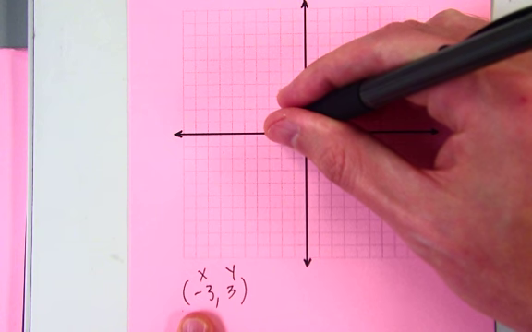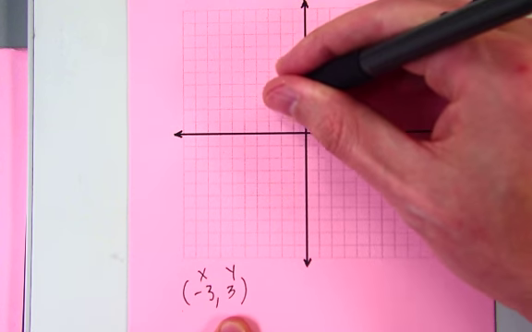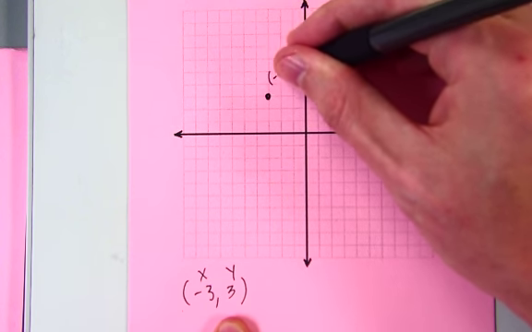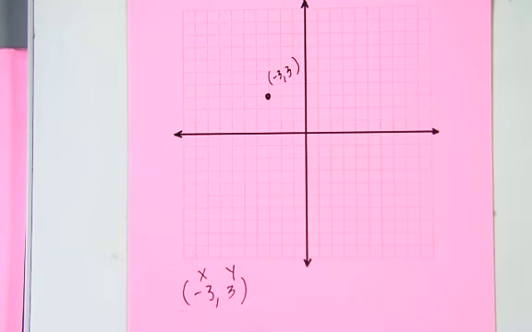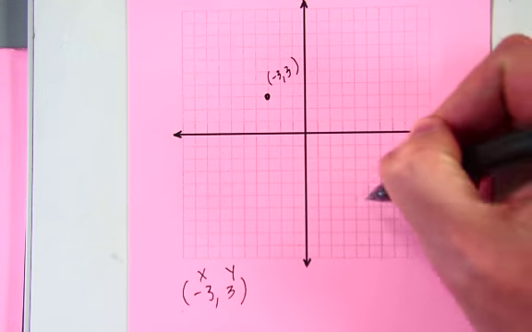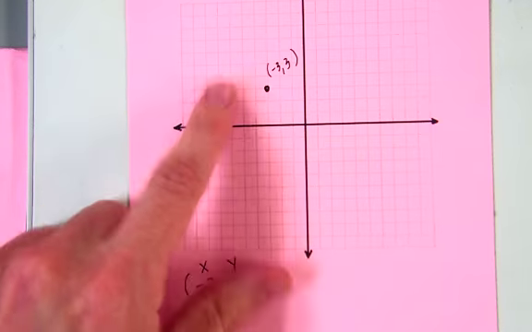Don't mark yet, though, because you've got to take your y value into account as well. My y is positive, so I'm going to go up 3. So (-3, 3) is over here. Remember this is quadrant 1, this is quadrant 2, quadrant 3, quadrant 4. So this point is in quadrant 2 since it's right up here.